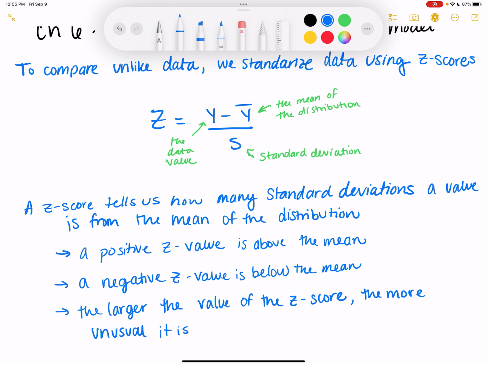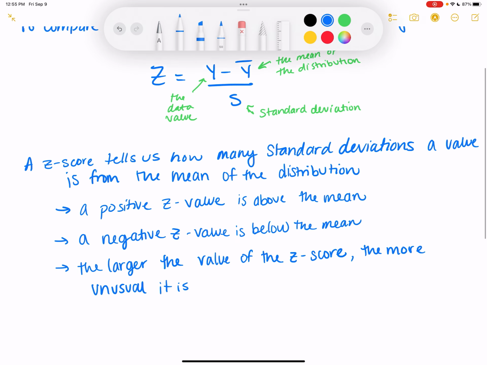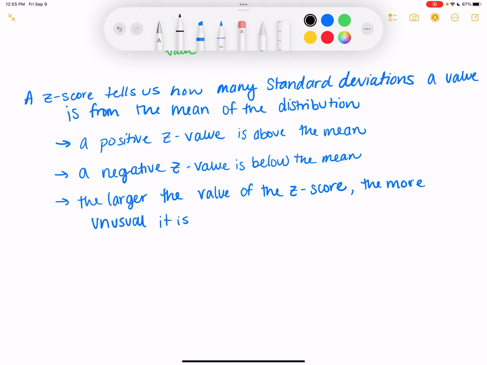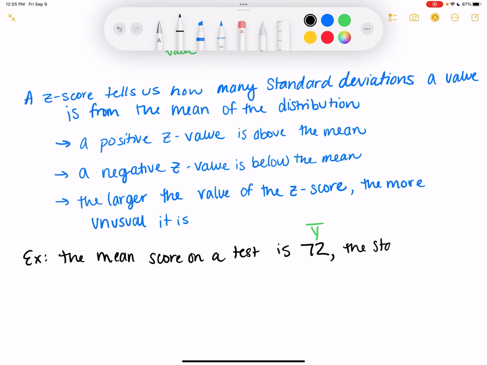So let's do a quick example that goes with this. The mean score on a test is 72. So that's going to be your y bar. The standard deviation of scores is 4 points.